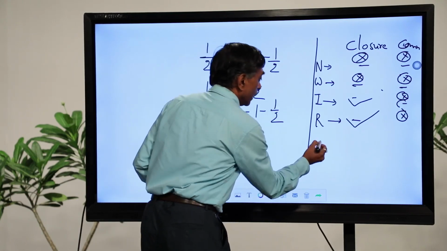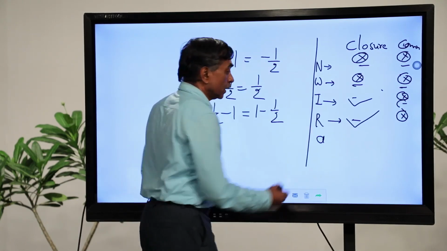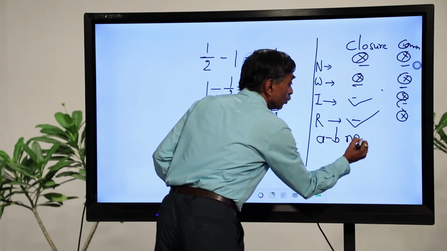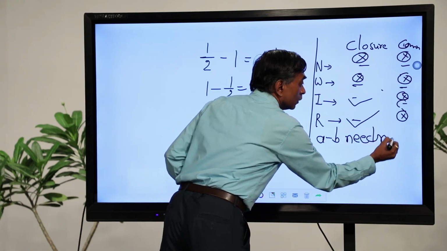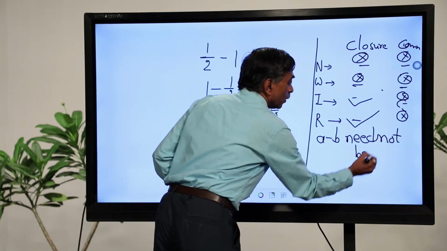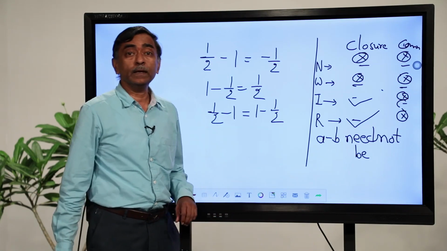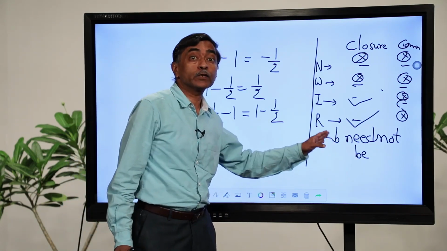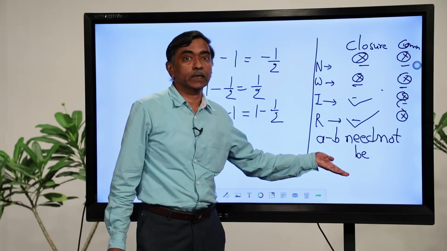So, when I say a and b are two whole numbers, then a minus b need not be, mind my words here, need not be a whole number. Similarly, if a and b are natural numbers, a minus b need not be a natural number.